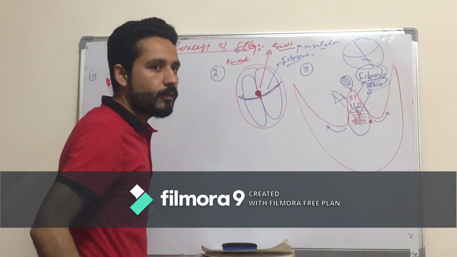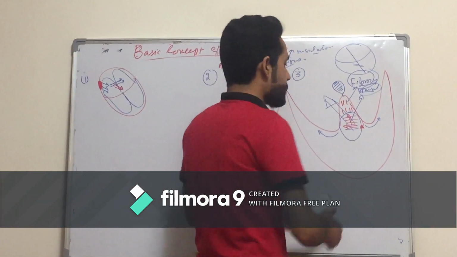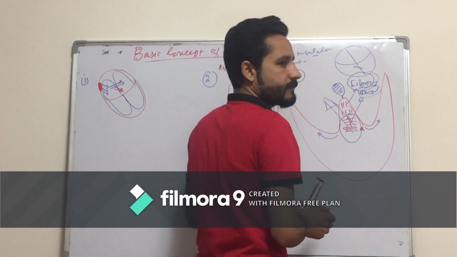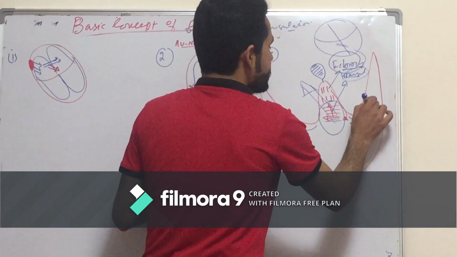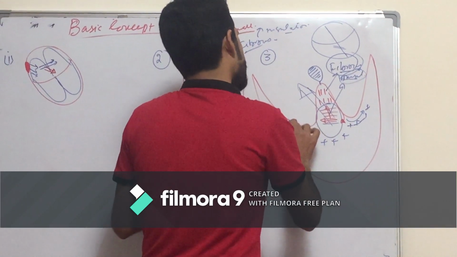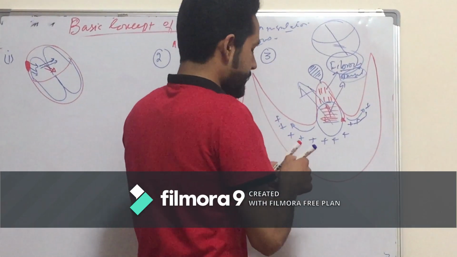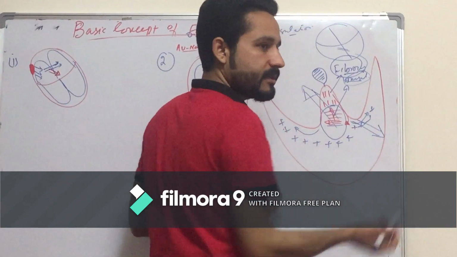Now after that, what will happen? The action potential will spread into the sides, so we can say the positive charge will move into the ventricles.